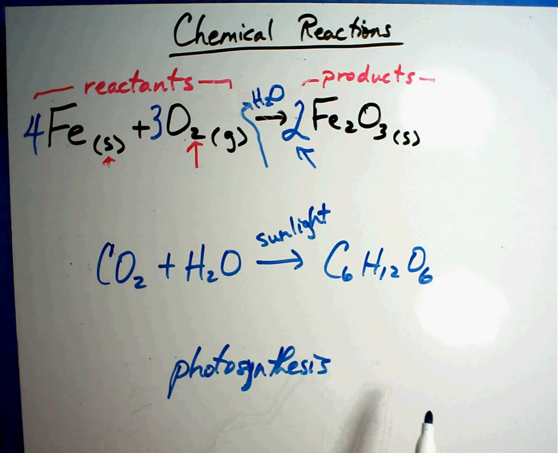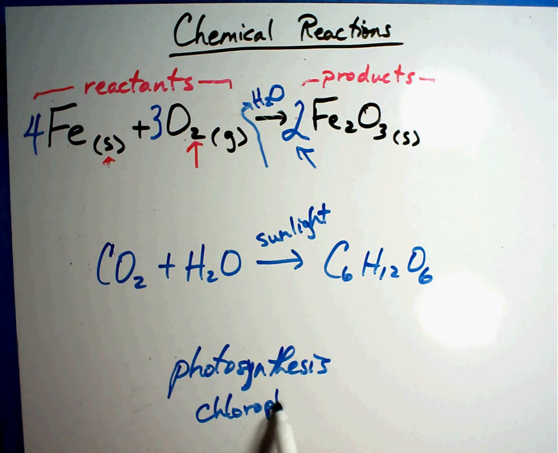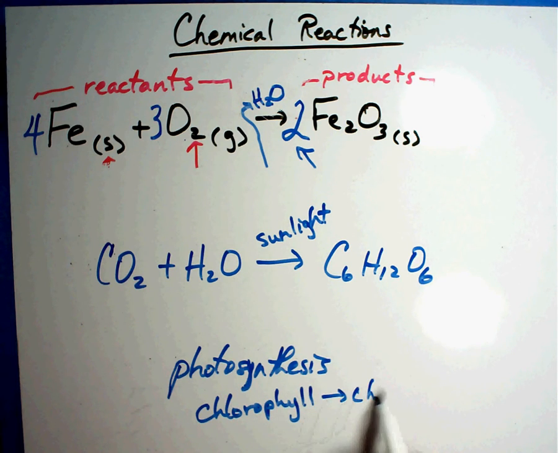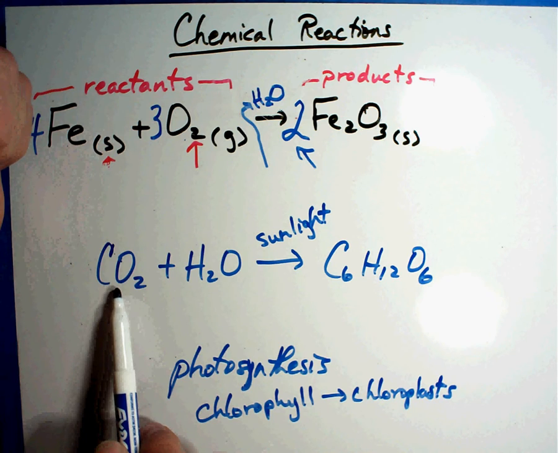Photosynthesis. If you watched all the videos up until this point, this is what takes place because we have chlorophyll in plants, and the chlorophyll is inside the chloroplasts. So there is a little bit of chemistry in your biology class. Well, let's explain. You and I breathe out carbon dioxide all the time.